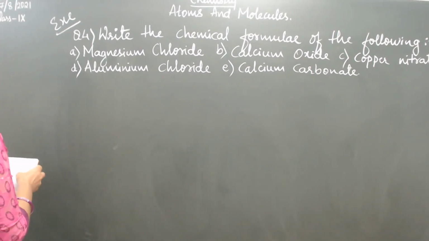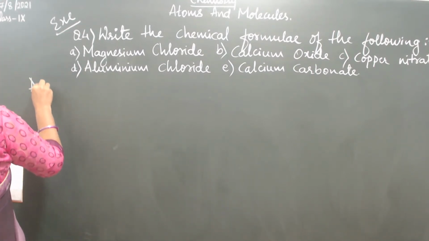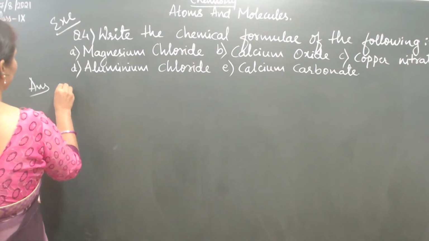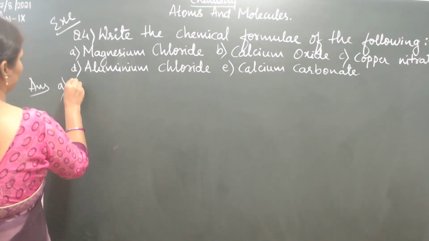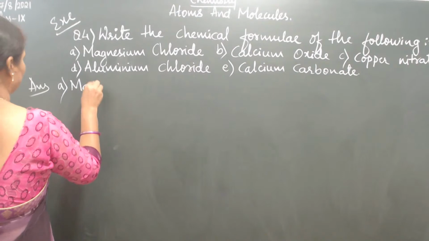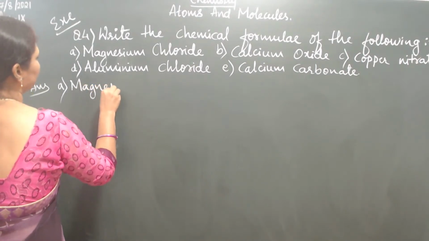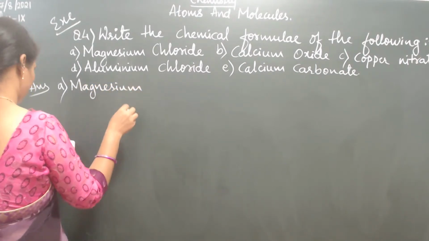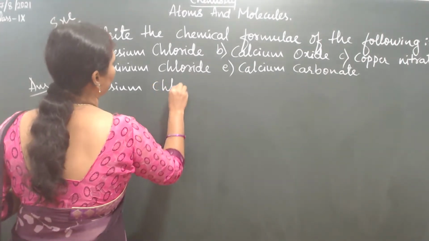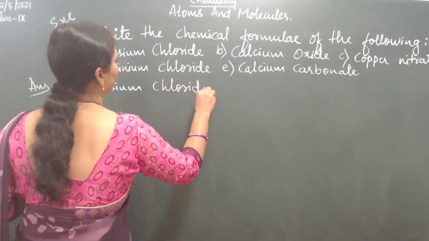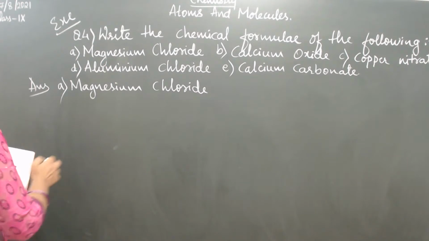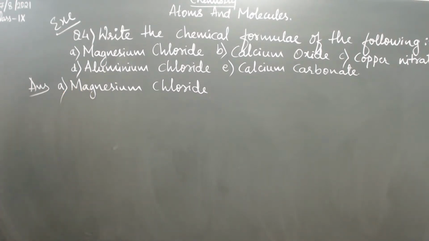Okay. So here, first one, magnesium chloride. Here we have learned the symbols for the elements, like hydrogen, helium, lithium.